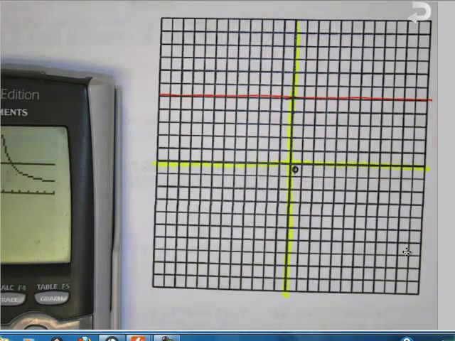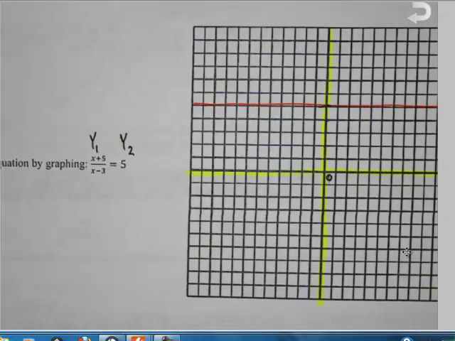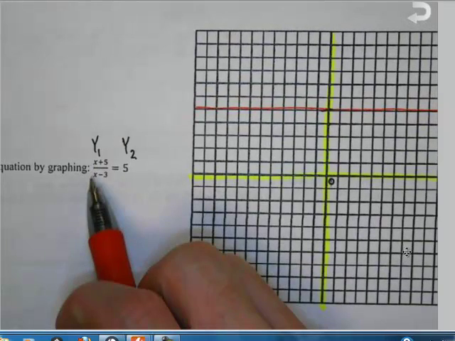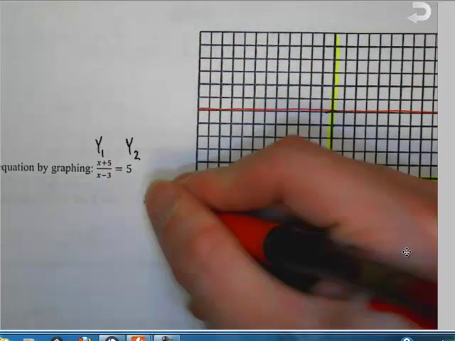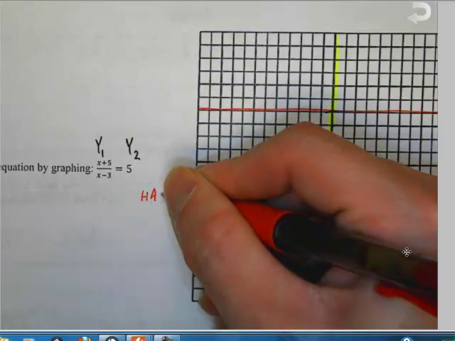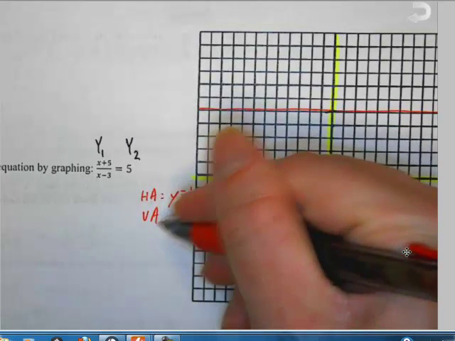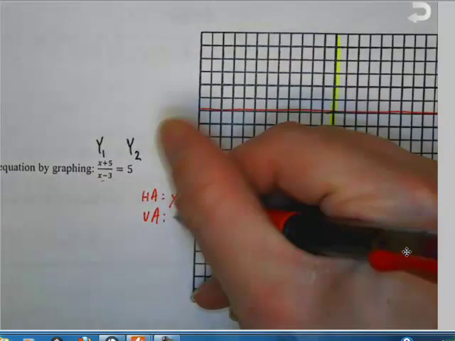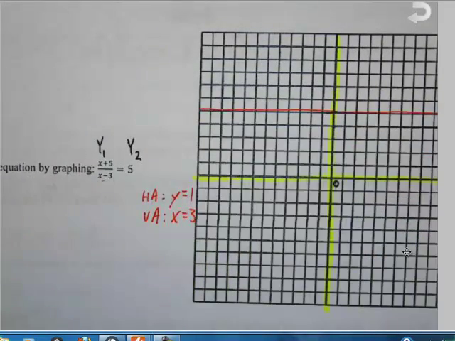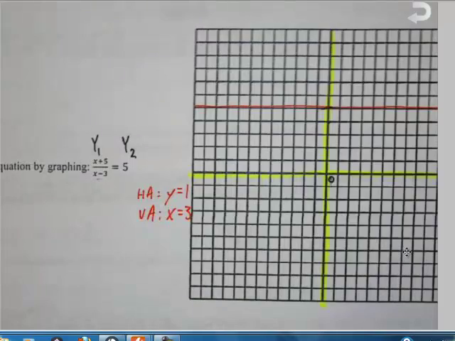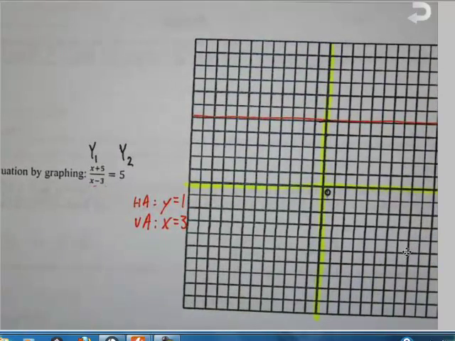Because the degrees are the same, you have a horizontal asymptote of y is equal to 1, and you have a vertical asymptote where x minus 3 is equal to 0, so x is equal to 3. Your next step is to draw those asymptotes so people can see them.